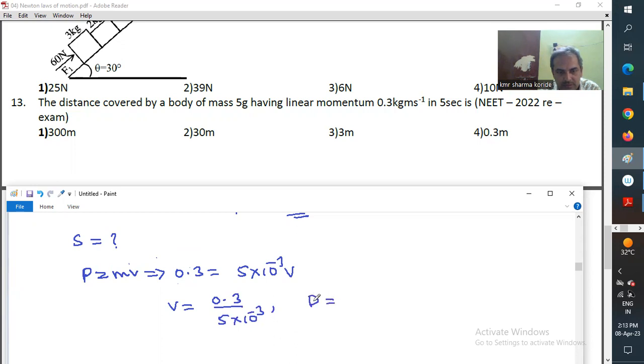So to get the distance, distance is equal to velocity into time. So velocity is 0.3 divided by 5 into 10 to the power of minus 3. In the question, time is mentioned as 5 seconds. So 5 and 5 cancel. So this is going to be 0.3 into 10 cube. So it will be 300 meters. So the first option is correct.